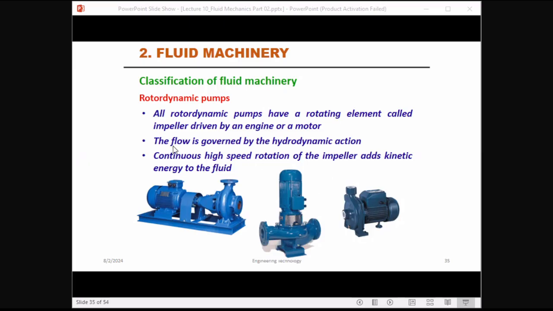Then the flow is governed by hydrodynamic action, which means that the fluid motion is controlled by the forces resulting from the rotation of the impeller. These are centrifugal force and other forces.